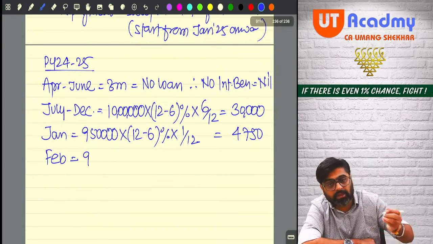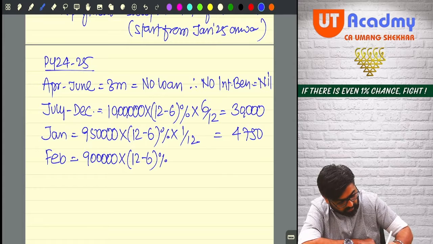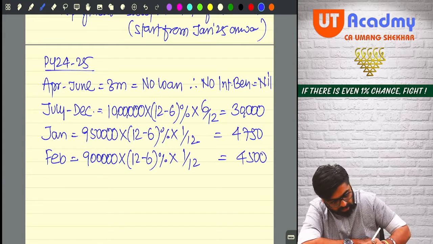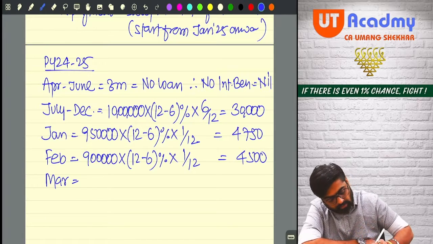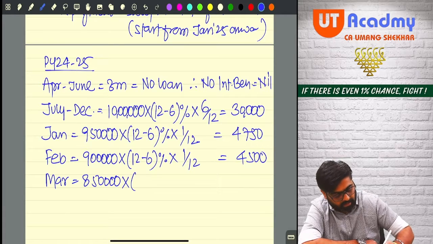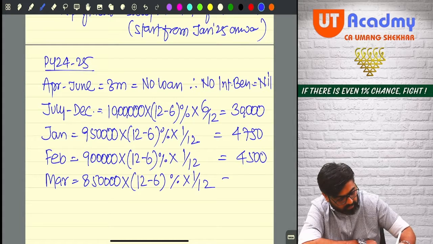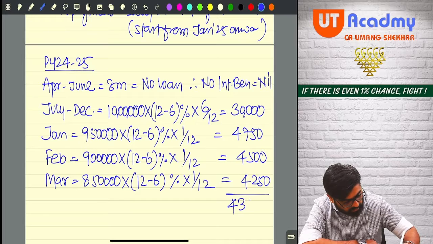So as on the last day of February, 9 lakh will remain into 12 minus 6% into 1 by 12. This will be 4,500. And March, 7th March, again 50,000 will be repaid. As on 31st March, the loan amount outstanding will be 8 lakh 50, 12 minus 6% into 1 by 12. This will be 4250. And now the total will be 43,500.